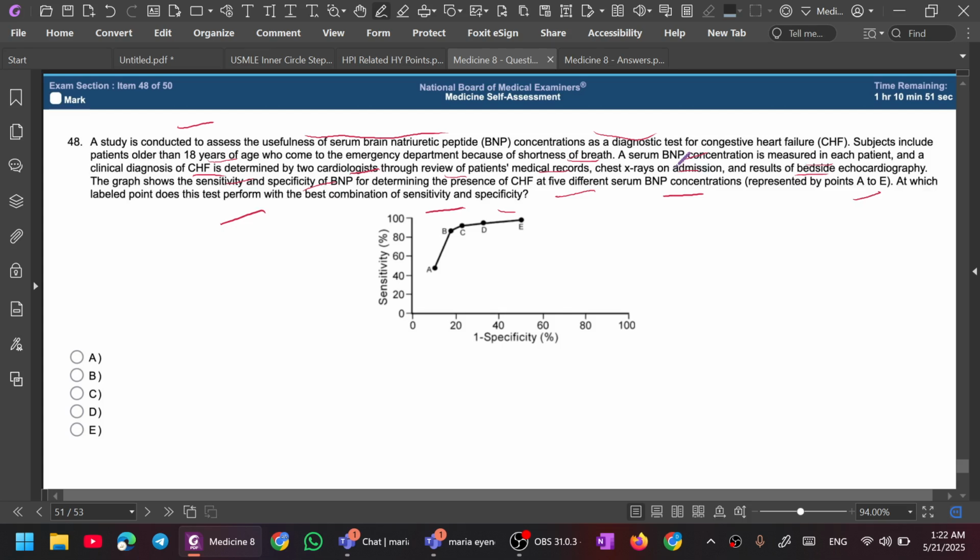Sensitivity, you can see here, the higher it is, the closer to 100. So it will be the ones up there. Specificity, I think you go this way instead of that way. So it will be either B or C. I don't know the difference between them. I'm thinking it's B, but I'm between B and C.